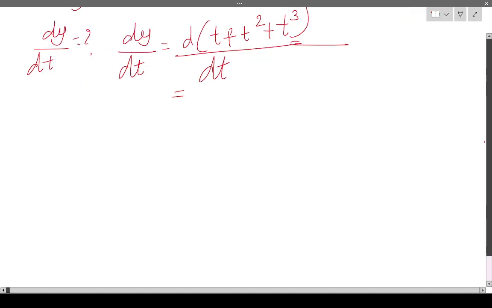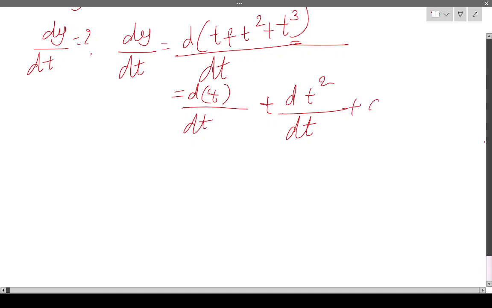Individually, you can do the differentiation: d by dt of t, plus d by dt of t squared, plus d by dt of t cube.